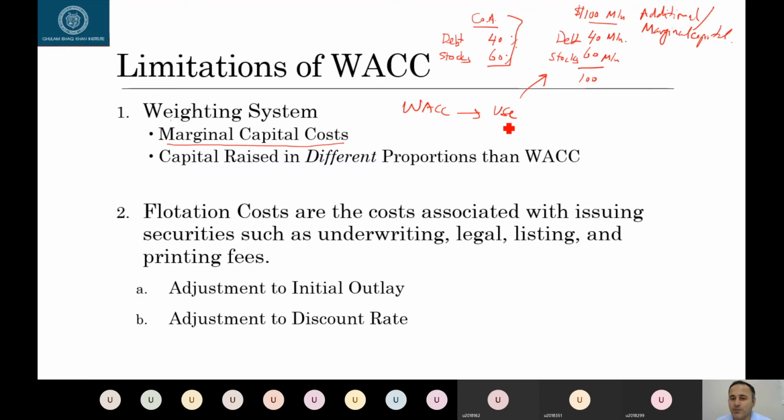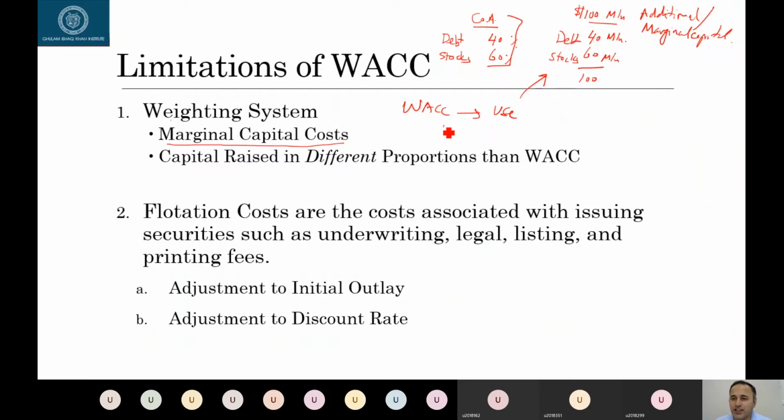And if you are working with the same proportions, please keep this in mind, take a note. If you are raising additional capital in the same proportions, it doesn't affect the financial risk of that company. I repeat, because this is important.